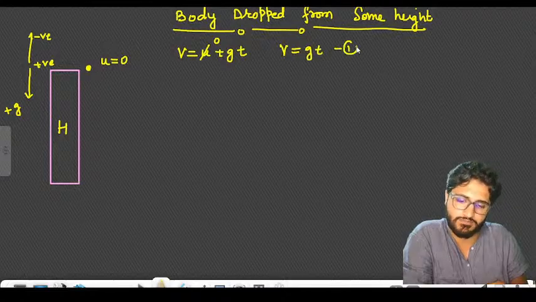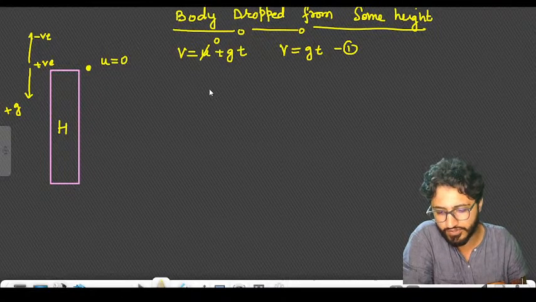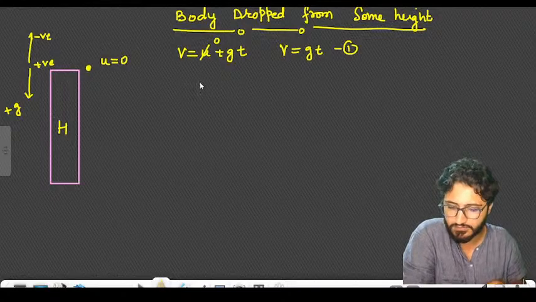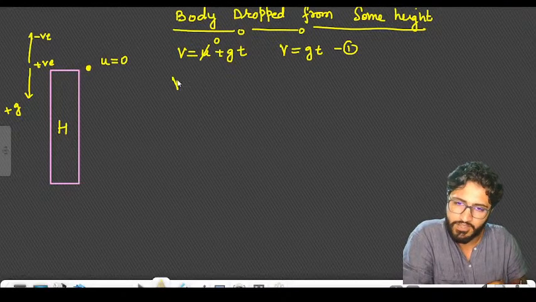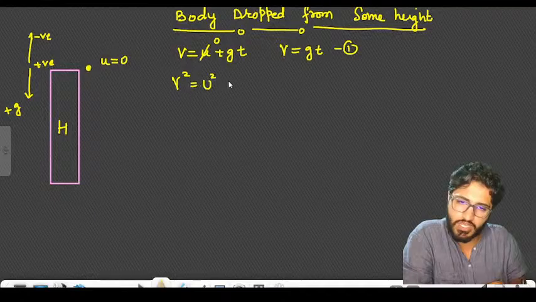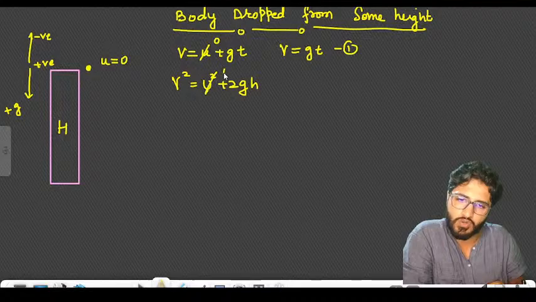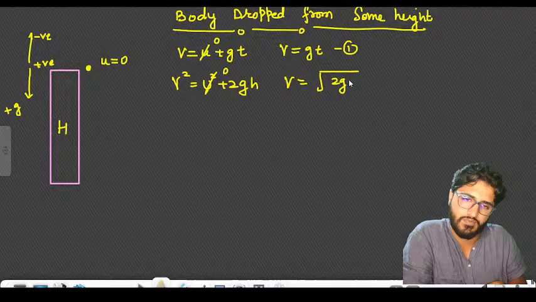First equation. One more thing: v square equals u square plus 2gh. u is 0, so my velocity came out to be under root 2gh. Second. Done.